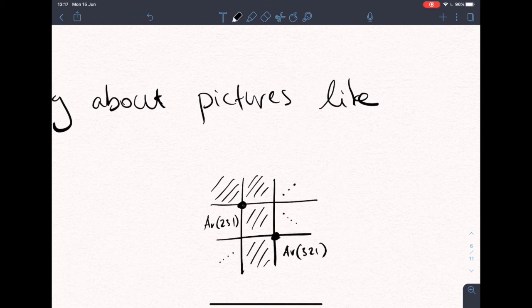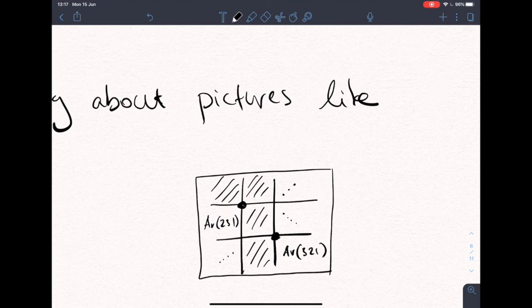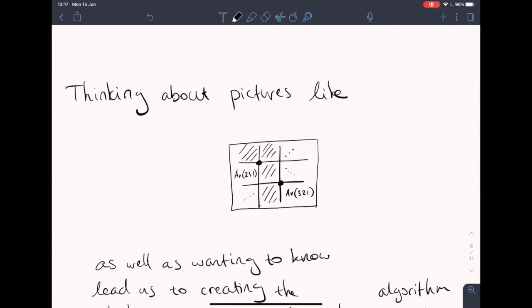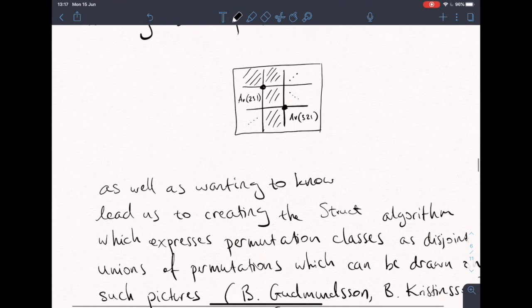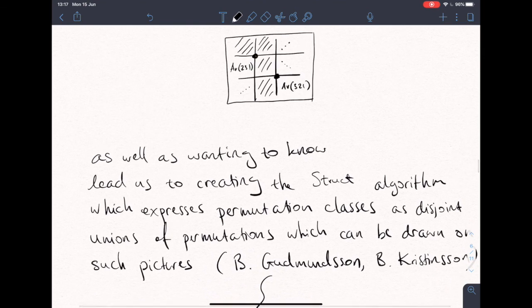And so we were always thinking about these things and what kind of permutations could be drawn on them. We also wanted to know the enumeration, how many permutations can be drawn on a picture like this. And this led to the creation of the so-called struct algorithm, which tried to express permutation classes as disjoint unions of permutations which can be drawn on such pictures. And Bjarki Guðmundsson and Bjarni Kristinsson wrote master's theses about these.